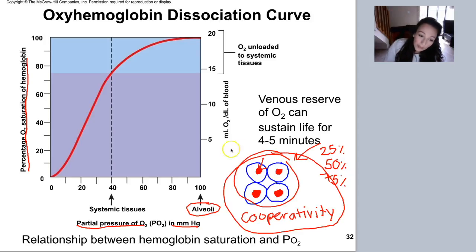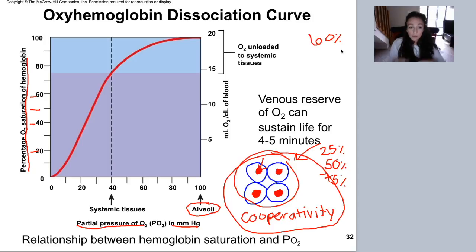So over here on the y-axis, you'll notice that we have other values, right? We don't just have 25, 50, 75%. We have 20%, 40%. Here's 50%. Here's 60%. So what this means, let's say we have 60% saturation of hemoglobin with oxygen.